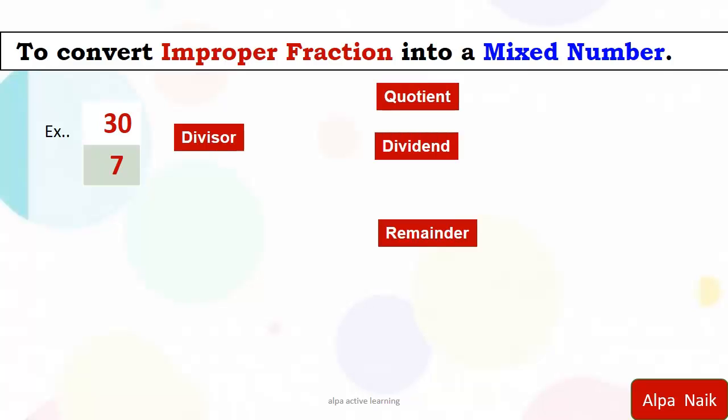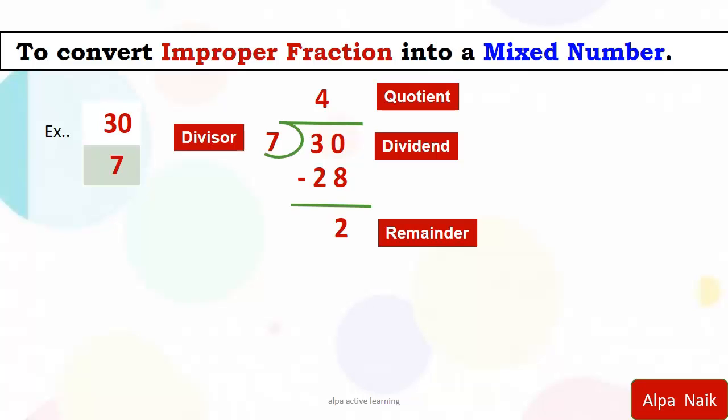So when it's a division, you know what is divisor, what is quotient, what is dividend and remainder. So let's divide. 30 dividend, 7 divisor. So now 7 4s are 28. We write 28 here. We'll subtract, you will get remainder 2. So you have learned this division, right?